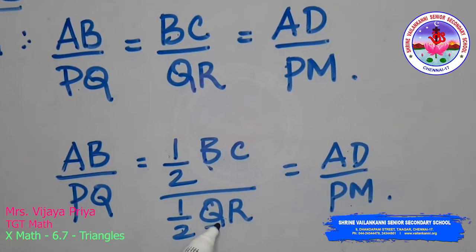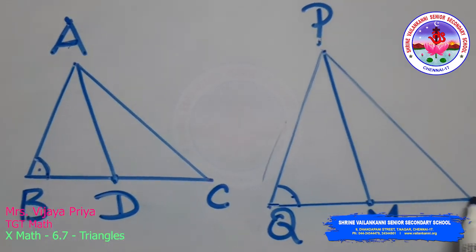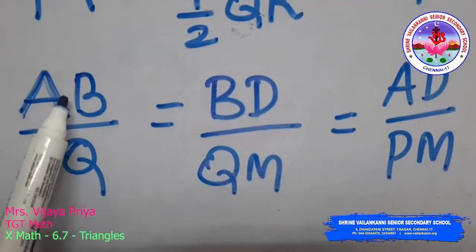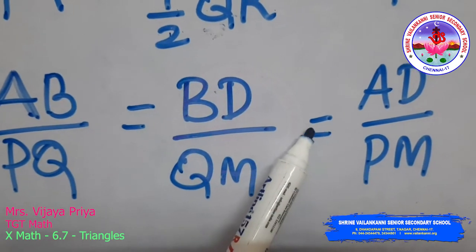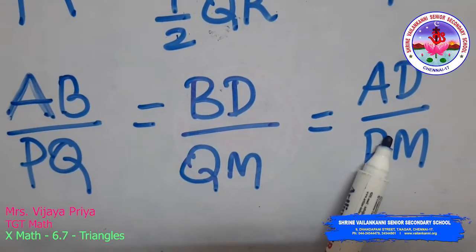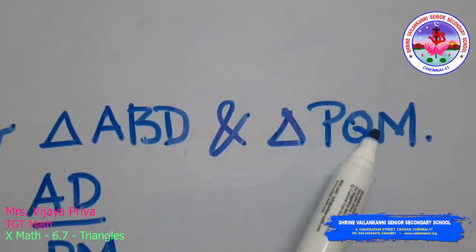So going to the figure, half of BC I am writing as BD, and half of QR as QM. We get AB by PQ is equal to BD by QM is equal to AD by PM, where these three sides are involved in triangle ABD and triangle PQM.